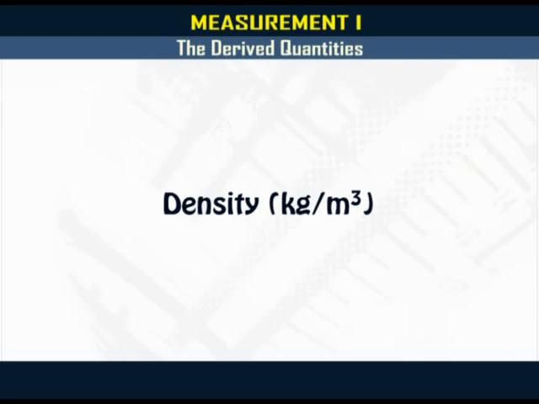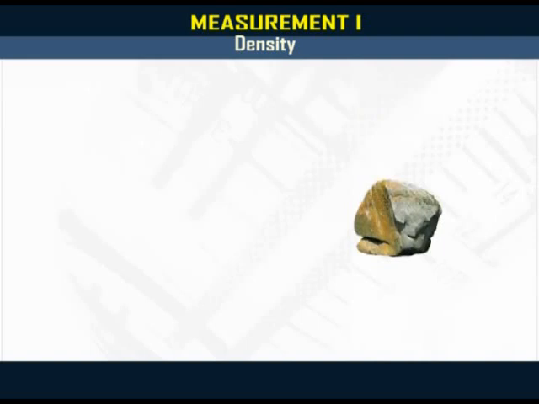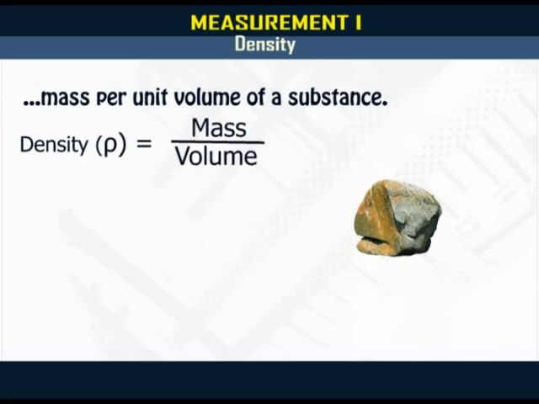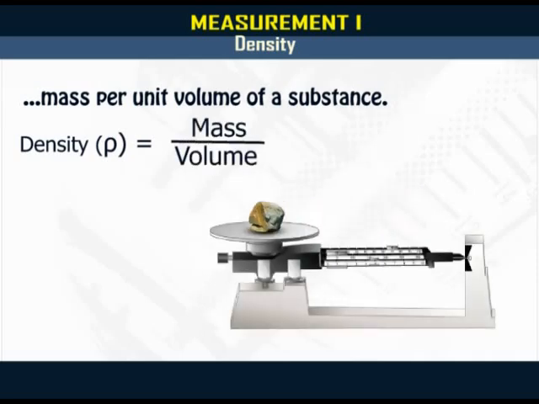Density. Typically, the reason we measure the volume of an irregular solid is to determine its density. Density is mass per unit volume of a substance. Mathematically, density ρ is equal to mass over volume. Using a balance to measure the mass of the rock, we find it is 74.88 grams.